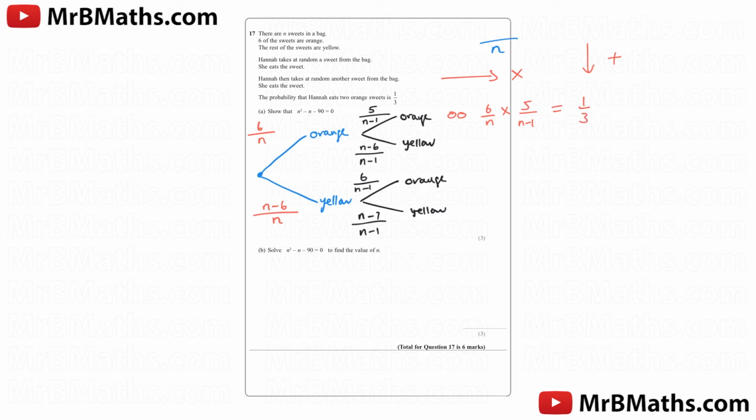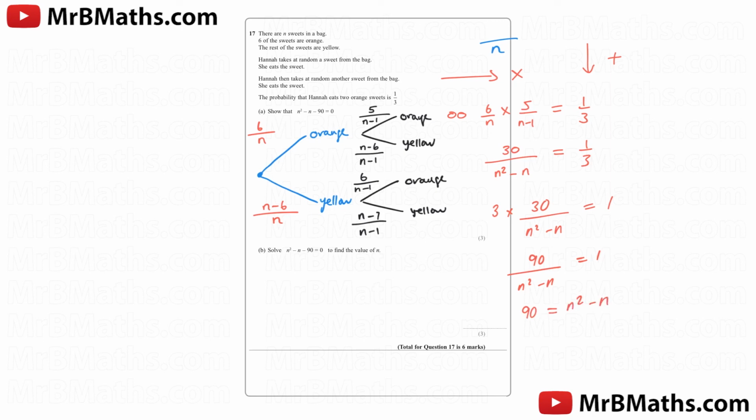So if we now multiply, we end up having 30 over n squared minus n equals 1 over 3. So what we can do is then multiply by the 3, so we end up with 3 times 30 over n squared minus n equals 1. So we end up with 90 over n squared minus n equals 1. We can then get the n squared minus n to the top by multiplying by it, so we end up with 90 equals n squared minus n.